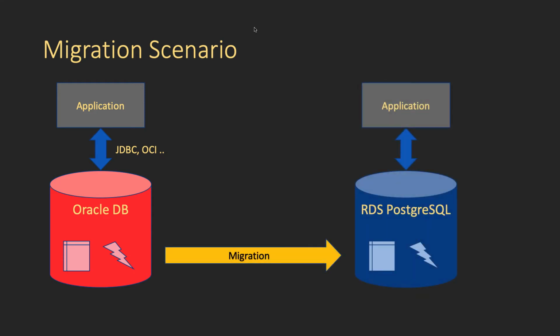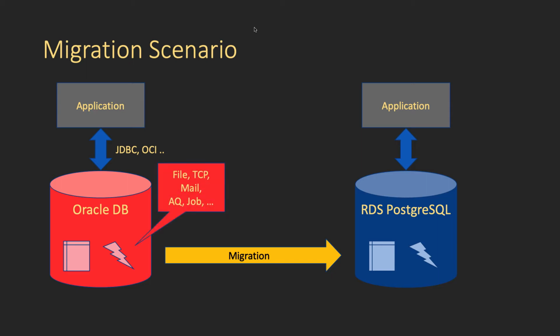And the migration is pretty straightforward. Tables translate to tables. PL/SQL code will be translated into PG/SQL code of PostgreSQL. There are also tools available to do that. And of course, also the content. Besides the database metadata, the actual data content can be migrated to the new database.